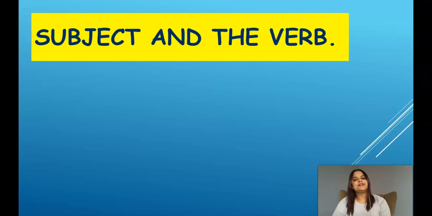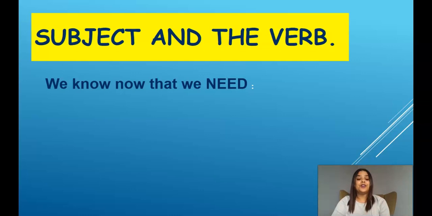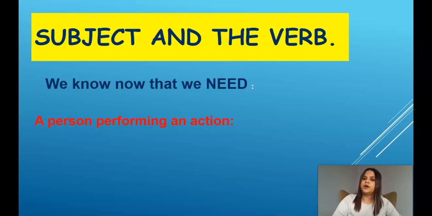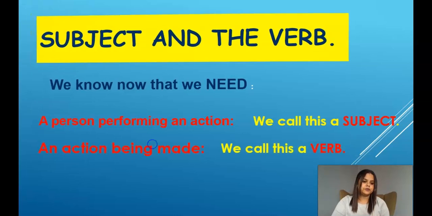So now we're going to look at the subject and the verb. We now know that we need a person performing the action like Joe, okay, or the name that you've given, and we call this a subject. We have to have an action being made in the sentence, and we call this a verb.